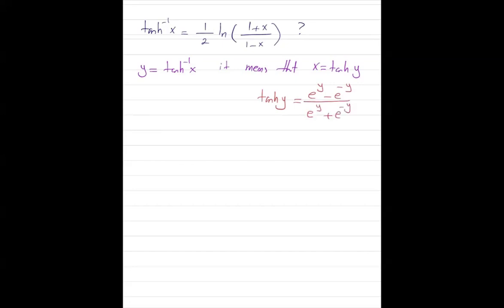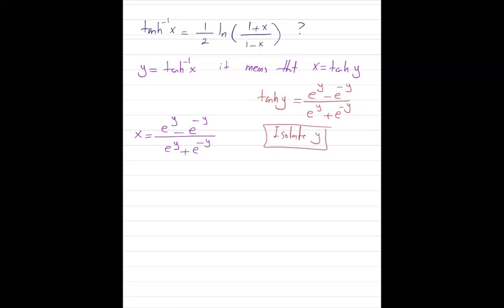So your x is equal to e to power y minus e to power negative y over e to power y plus e to power negative y. Your goal is to isolate your y. This is our goal. So let us begin.